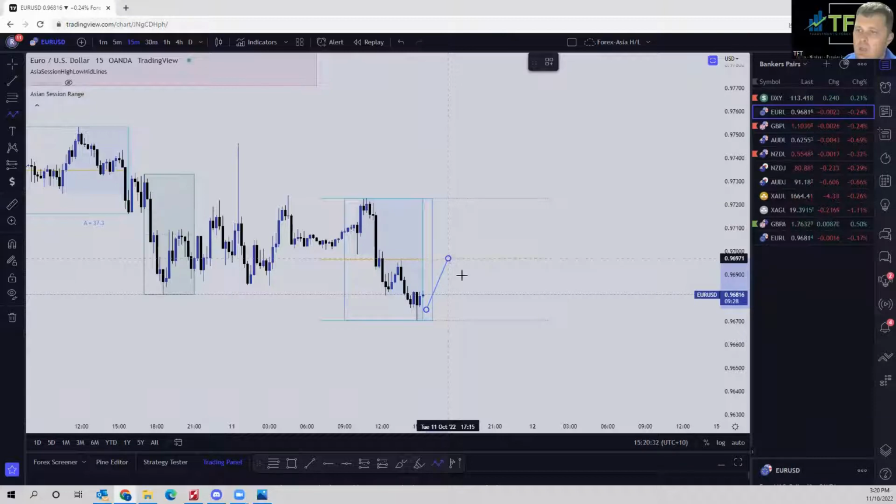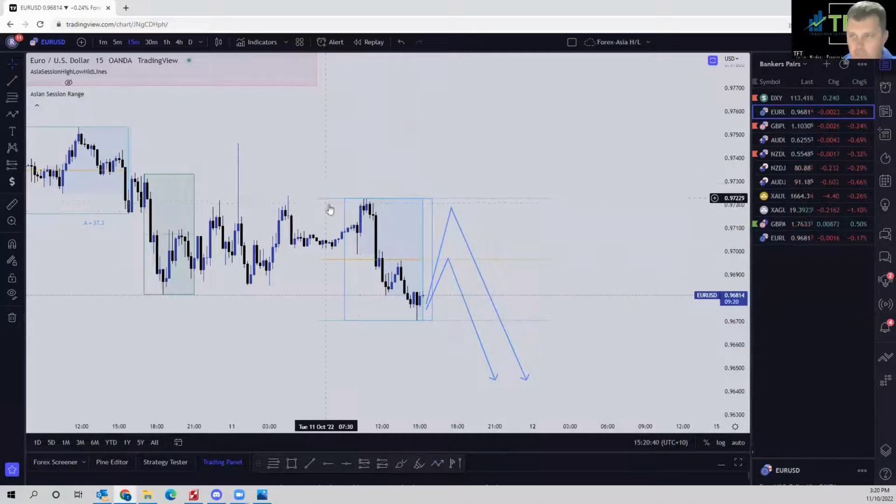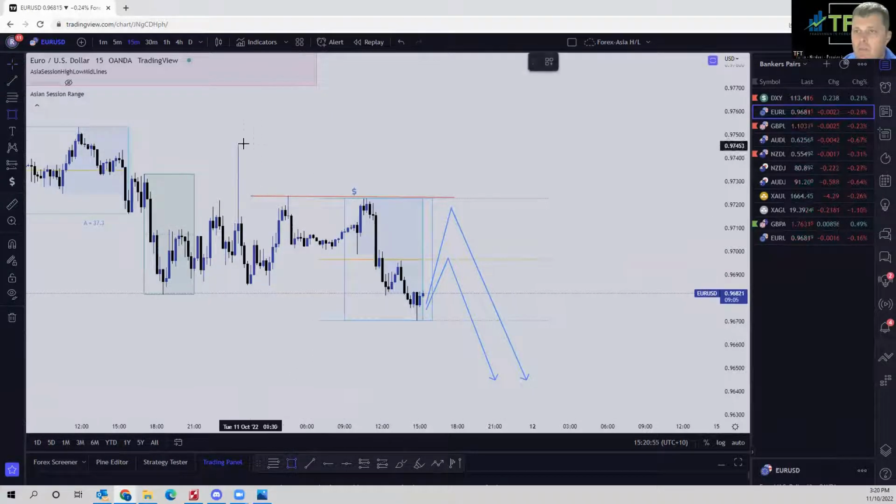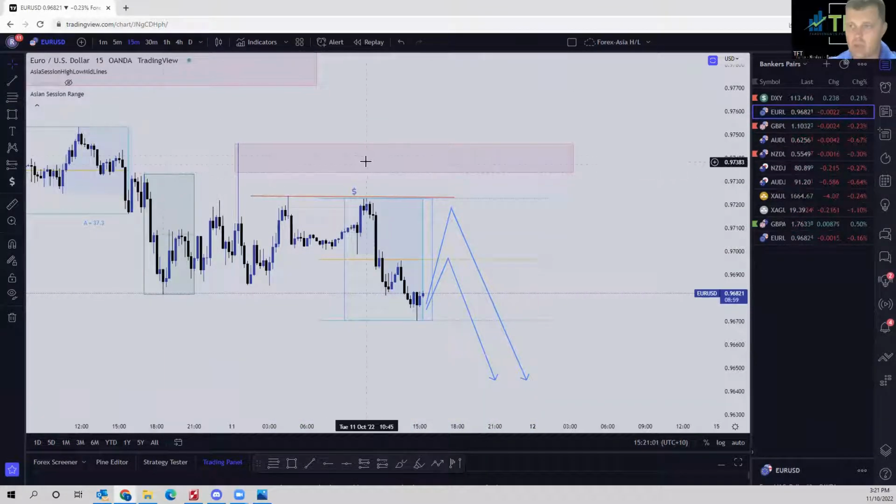We could see one here from the halfway line, or one here from the higher point in the range. I think the higher point in the range is probably less likely, because we have a build-up of equal high liquidity sitting right on top of the Asian session range. So there's a lot of liquidity tied up in an area that we know probably still has some open orders stuck in.